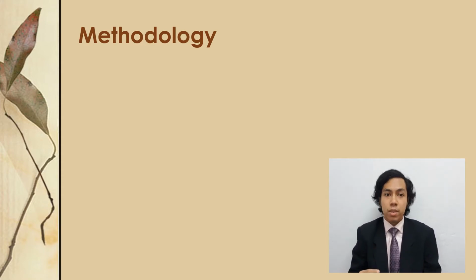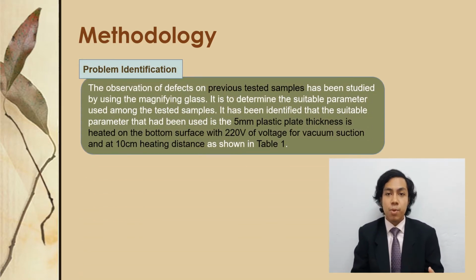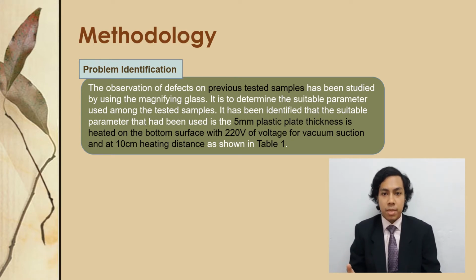I will start with the first part, which is the problem identification, where the observation of the defects from the previous tested samples has been studied by using the magnifying glass. It is to determine the suitable parameter used among the tested samples.